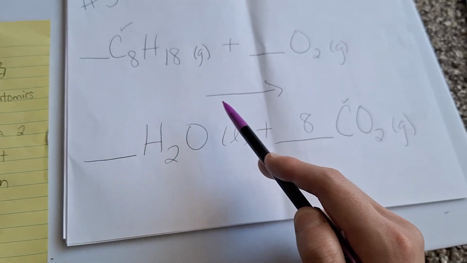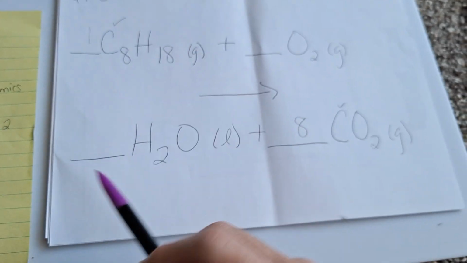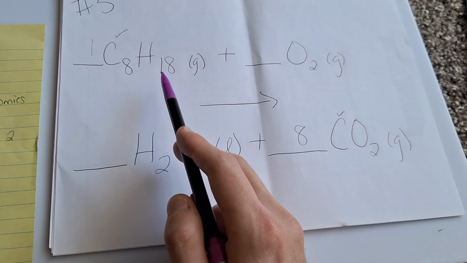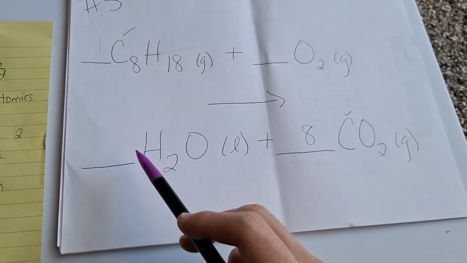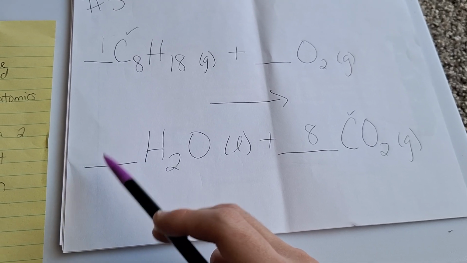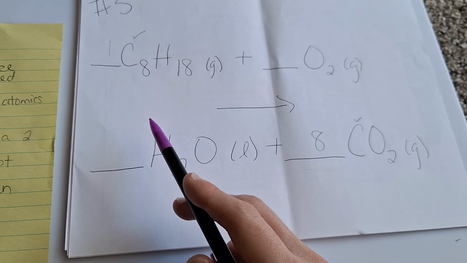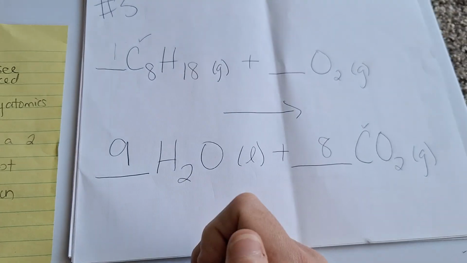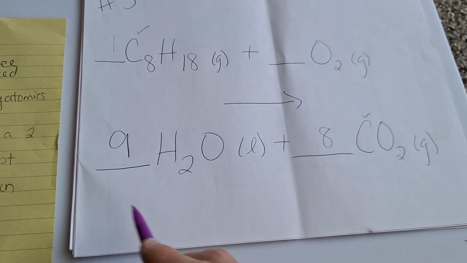Well, if our carbons balance out, let's make this a 1 real quick. So if that just stays at 1, that means there's 18 hydrogens on the reactant side. But we need 18 on the product side. So what times 2 equals 18? 9. So 9 times 2. Okay, 9 times 2 is 18.